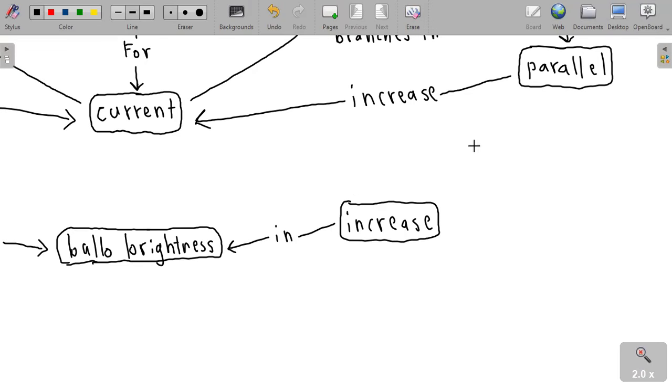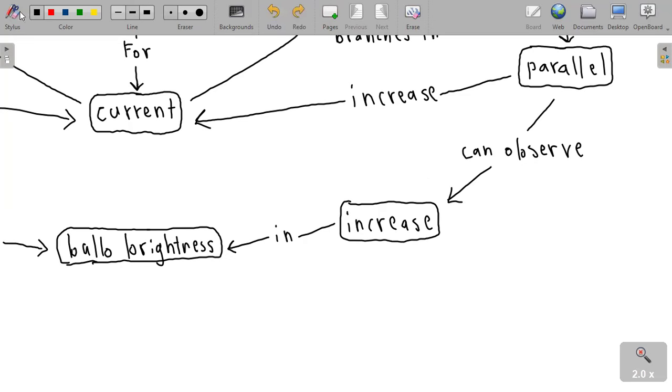So this is what we can observe here. For a parallel circuit, if we add resistors, then we can observe an increase in brightness, because there's an increase in current.